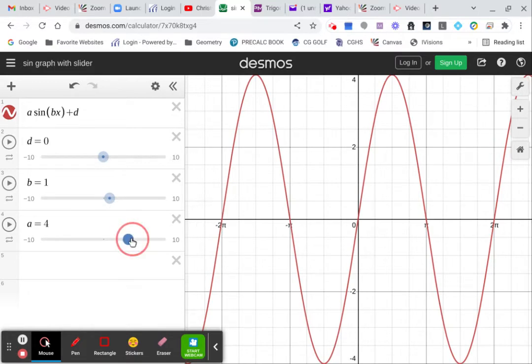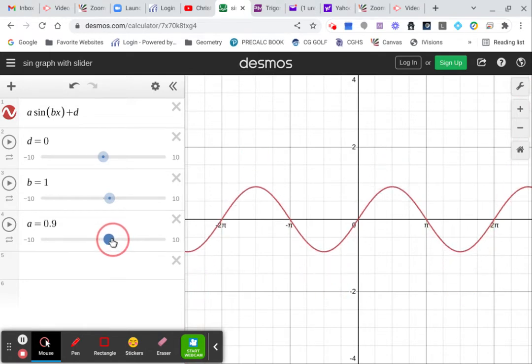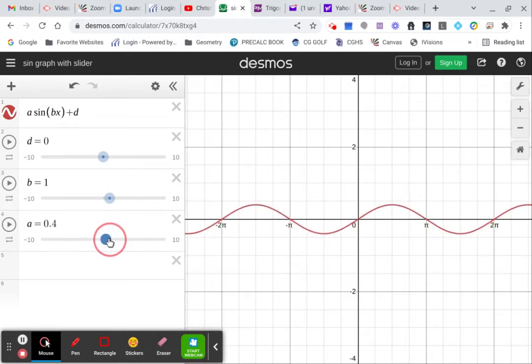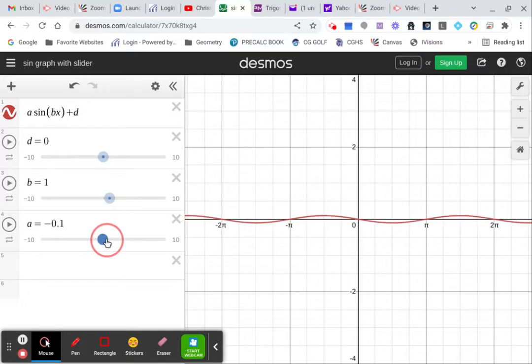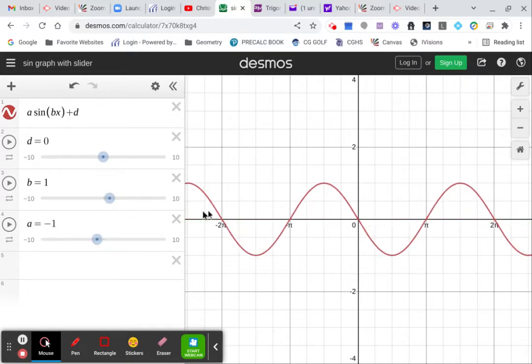As I move this value smaller and smaller, my graph gets smaller and smaller. And as I approach 0, what happens to it? Becomes what? Becomes a line, because 0 times sine is just 0, and I get a horizontal line. And now if I go to negative, you see what happened?